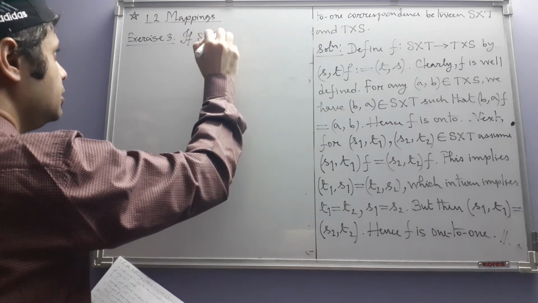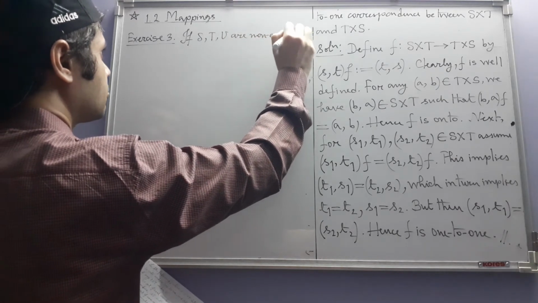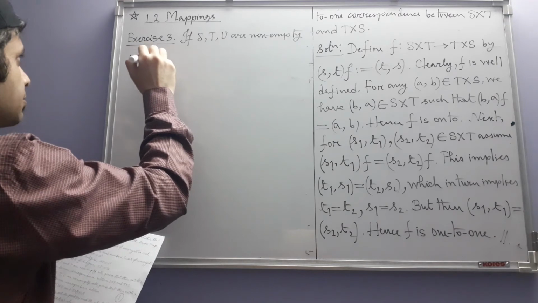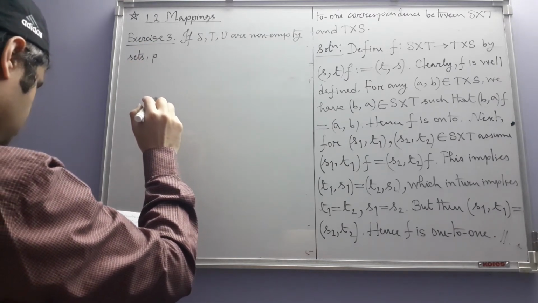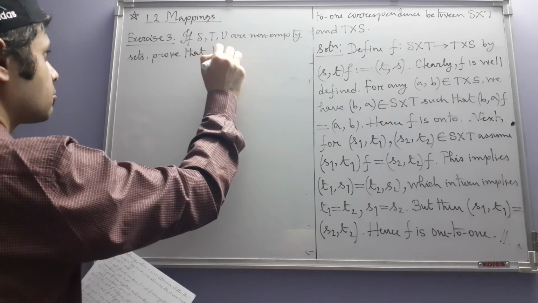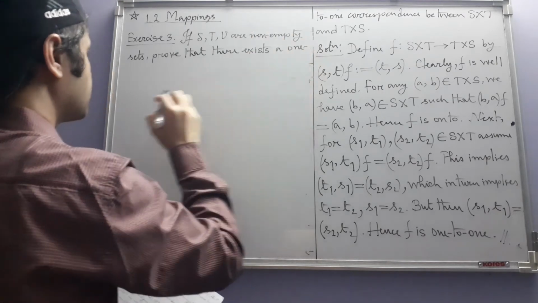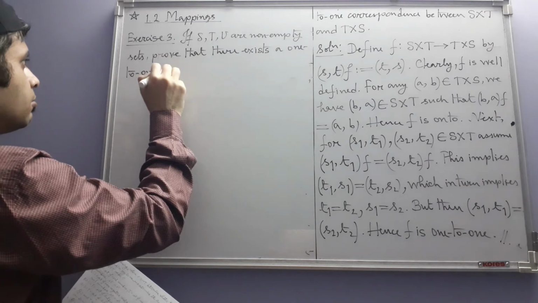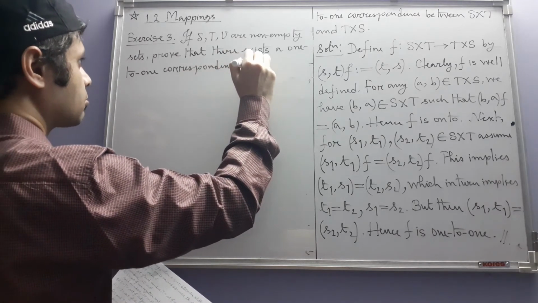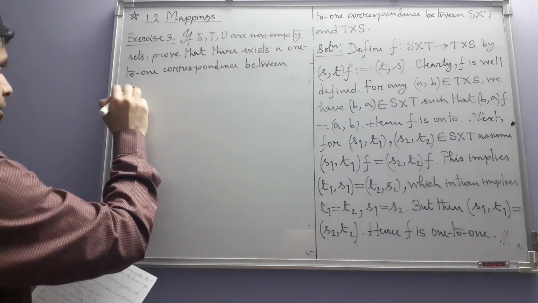If S, T and U are non-empty sets, prove that there exists a one-to-one correspondence between, there are two parts.